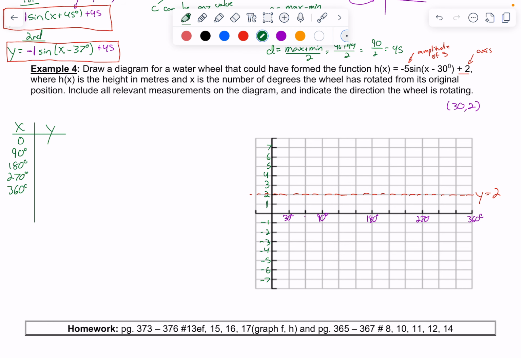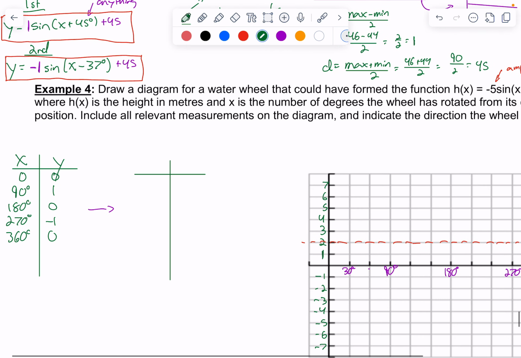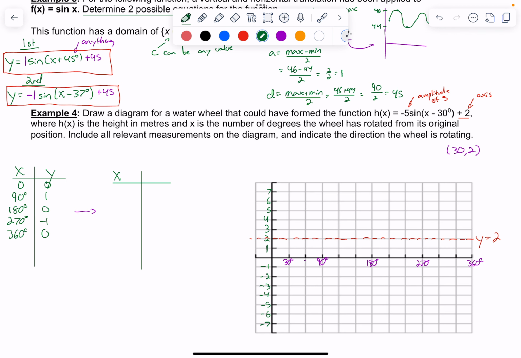So we know our y points are 0, 1, 0, minus 1, 0. And just put your new equation over here. You have x plus 30 because it's minus 30 in there. And here you have minus 5y plus 2.